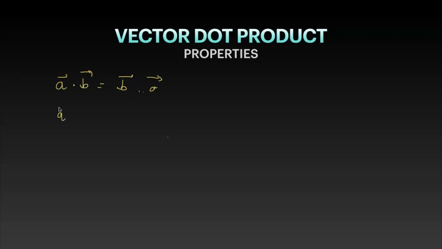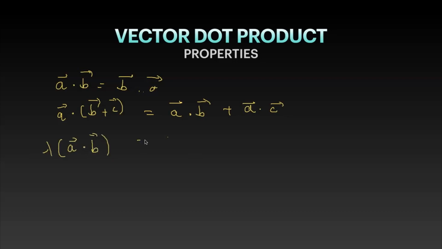Next, you can also write A dot (B plus C) as A dot B plus A dot C. Next, if you have some scalar lambda, then lambda times (A dot B) can be written as (lambda A) dot B, which is also equal to A dot (lambda B).